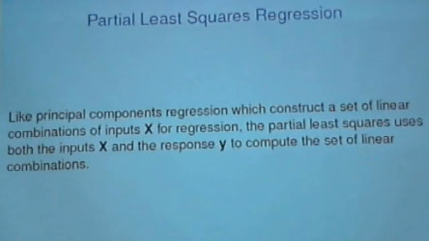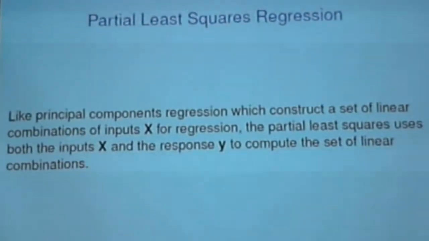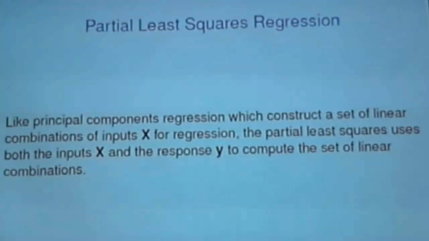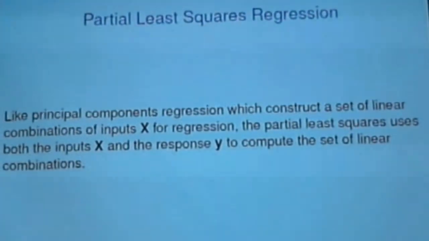Partial least squares equation. In a sense, it's similar to the principal component equations, where the difference is that in the principal component method, we find the best linear combination of the input variables.